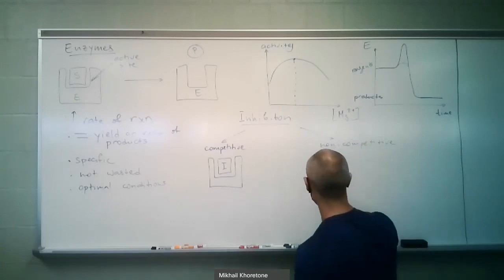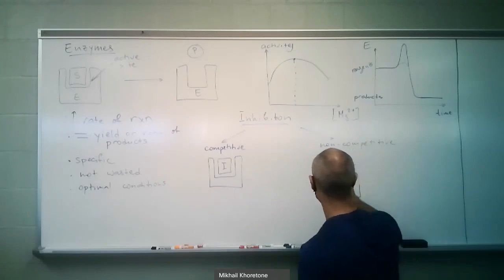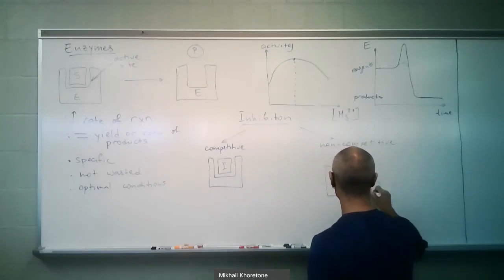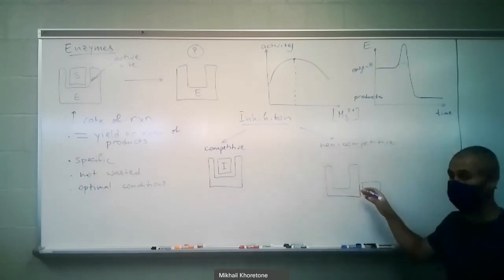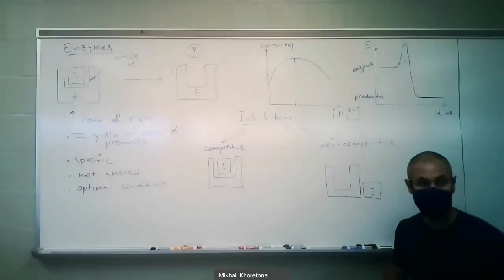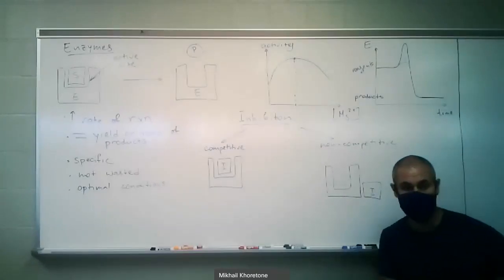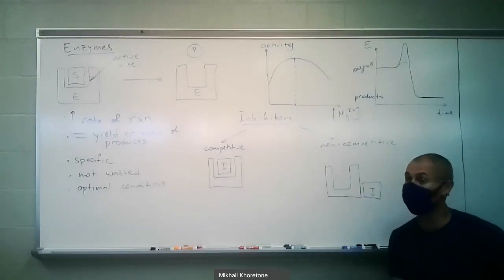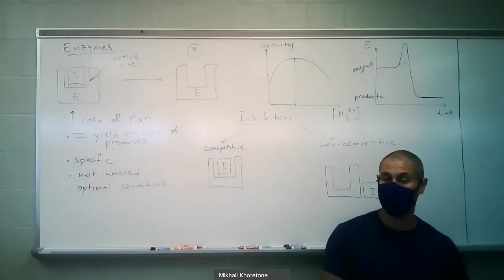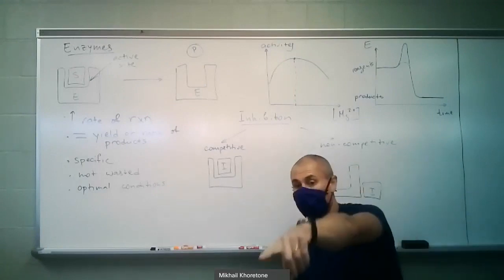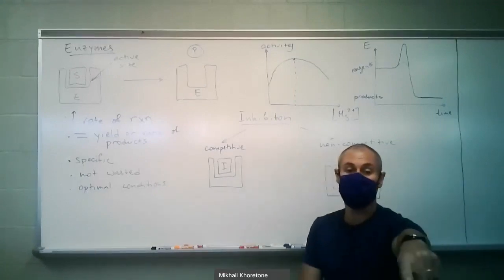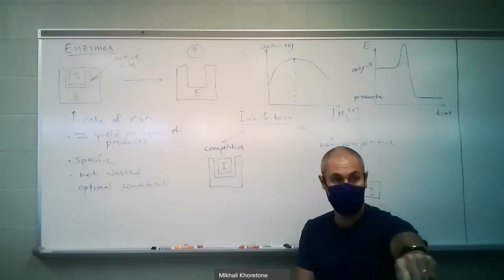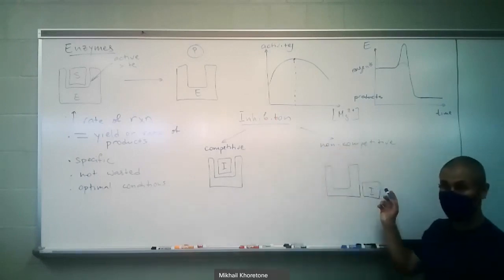Now in non-competitive inhibition, the inhibitor binds to some other site on the enzyme, not to the active site, but it changes the shape of the active site so the substrate cannot bind. So using that analogy, look at this. Kenna is sitting on a chair. Imagine that the empty chair next to her is that other site.